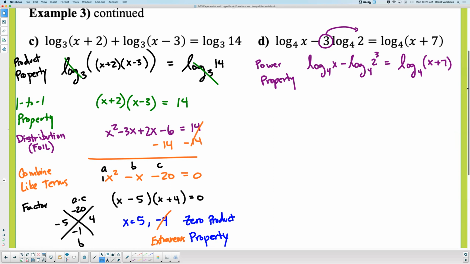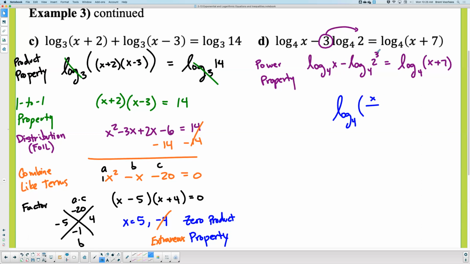Okay, now that I have these two logarithms with a coefficient of 1 or -1 in this case, what property could I now use? The quotient property. We could say that this becomes 1 log base 4 of what goes to the numerator? X. Anything originating from a positive log goes to the numerator. Anything originating from a negative log goes to the denominator.